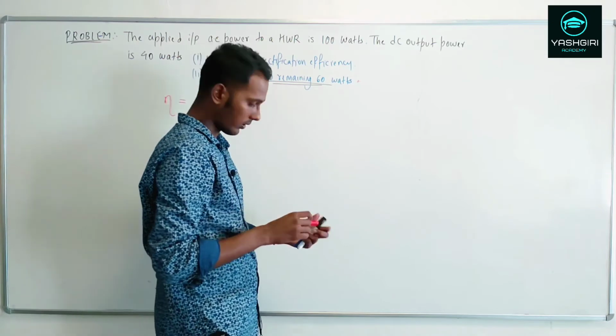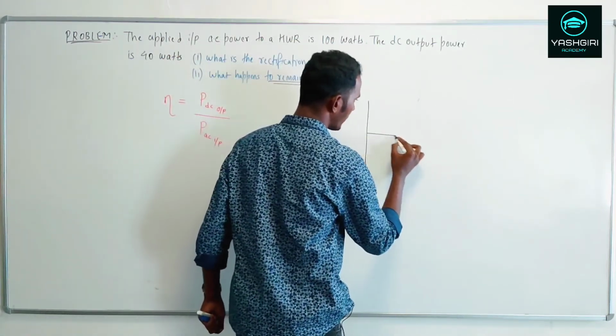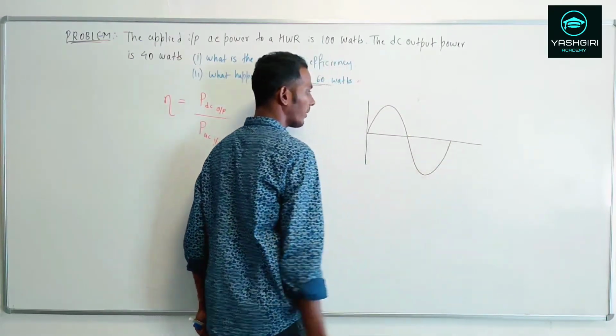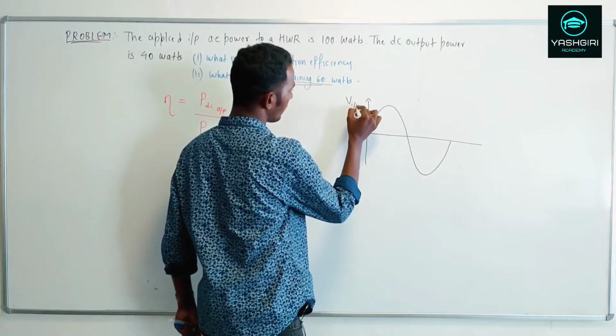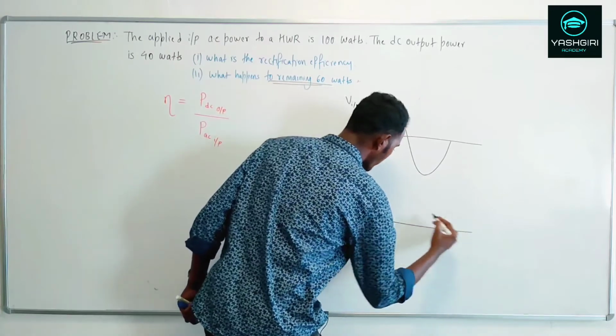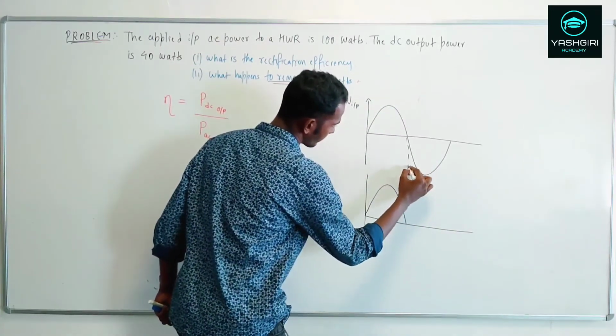So let me draw the input signal. Here we have the input signal, this is one complete cycle. This is my V input, and what we know is that for the half wave rectifier we are going to get just the half wave rectified output, correct?